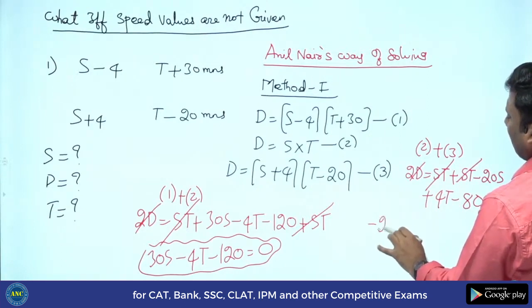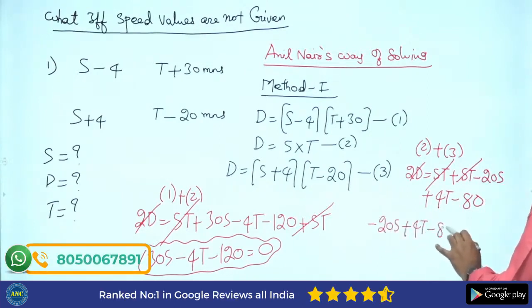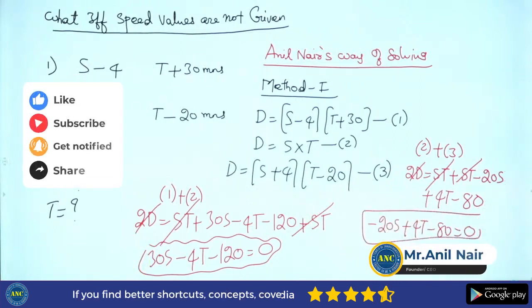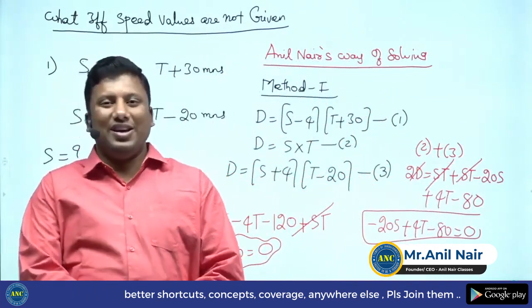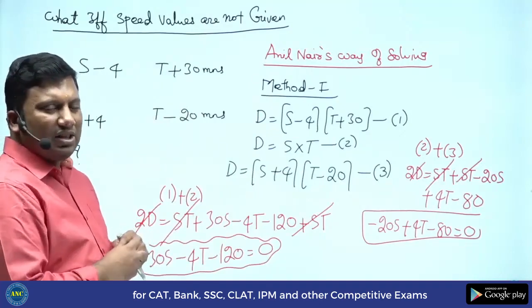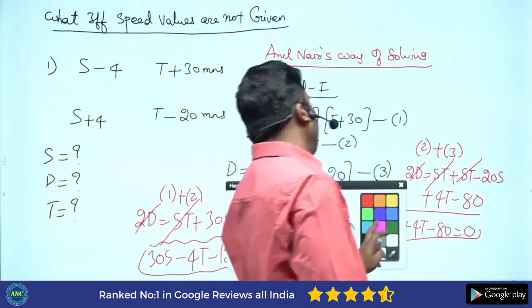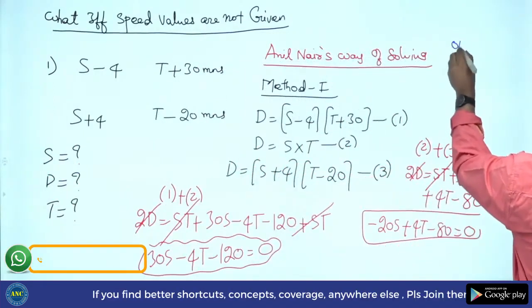So these give minus 20s plus 4t minus 80 equal to 0. 2 variables, 2 equations you need to solve. It is nothing but a mathematical method. You also don't need to do all this. In case you are comfortable in the traditional method, you can still optimize it.